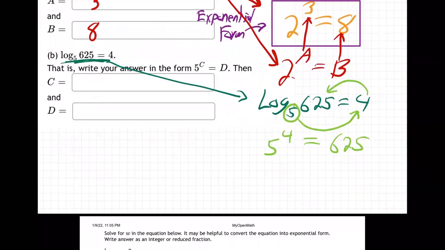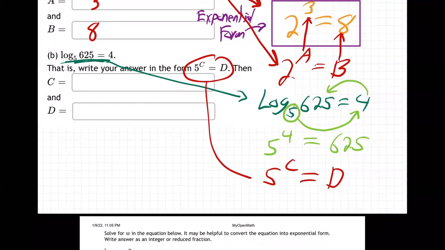Okay. And now, again, I'll just write 2 to the A, or not, that isn't what they wrote, my mistake. Let me try that again. It's right here. 5 to the C equals D. They want me to write 5 to the C equals D. Okay.